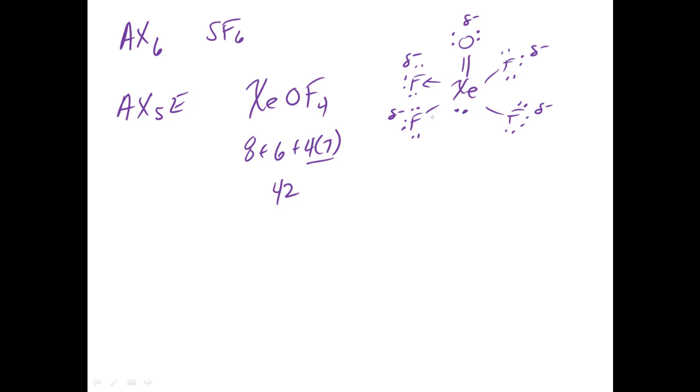So you can either do the arrows pointing towards the fluorines and the oxygen, or you can do the partial negatives and the partial positive on the xenon. All right, so we're ready to continue with this and use VSEPR to come up with the geometry.